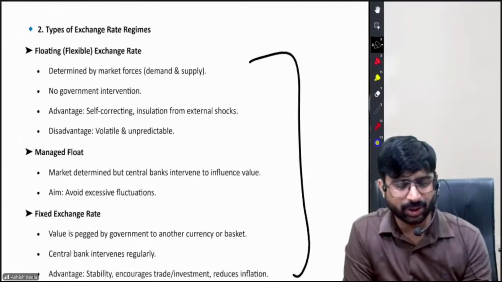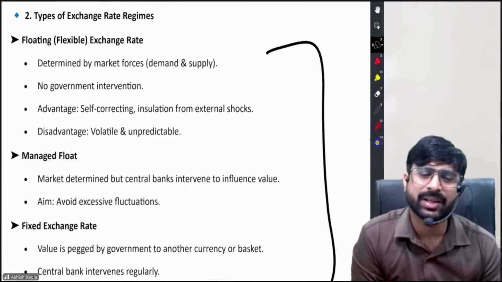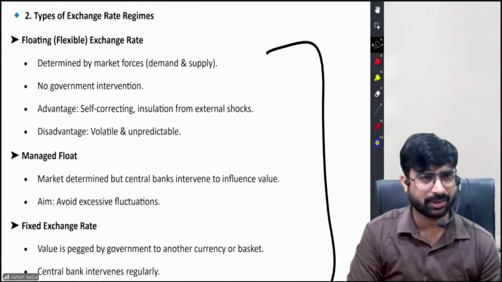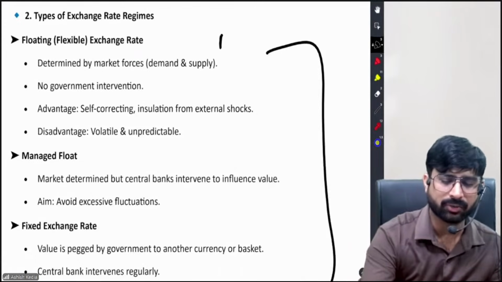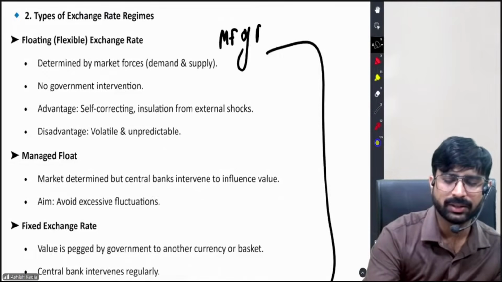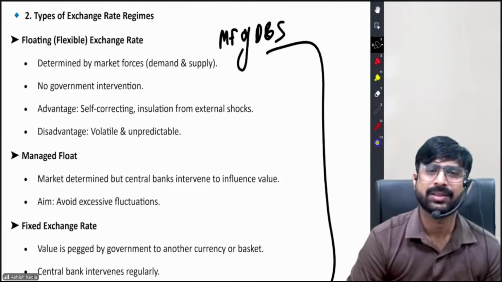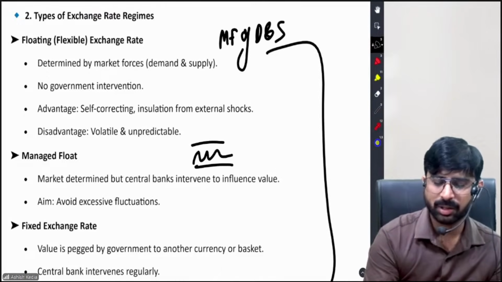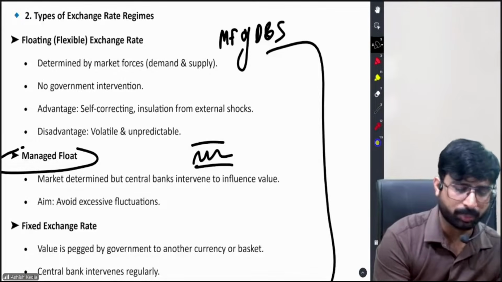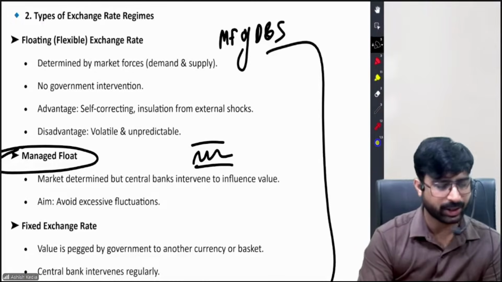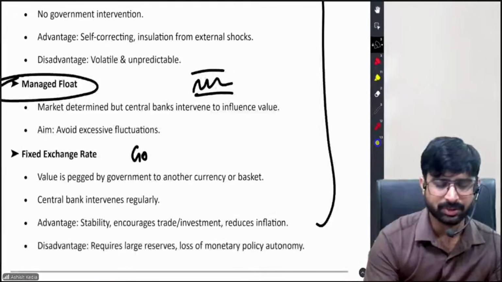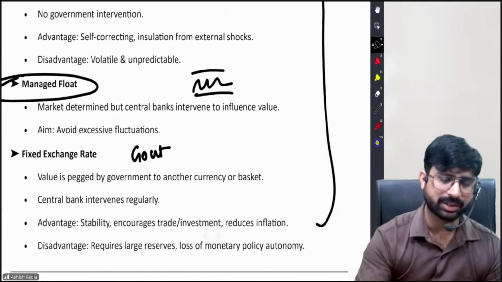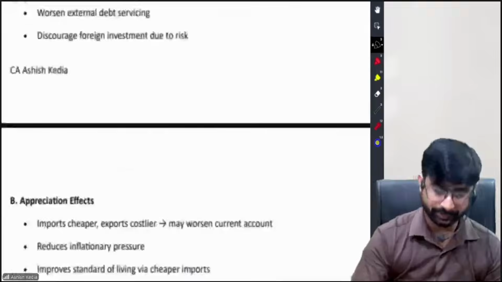In a flexible exchange rate system, exchange rates are decided by the market forces of demand and supply. In managed float, there is some government intervention plus some market force. This is what prevails in most countries, including India. A fixed exchange rate system is where the government decides the exchange rate. This is what we had studied.